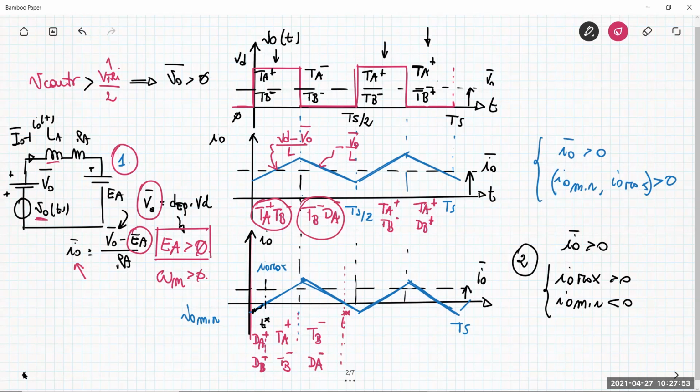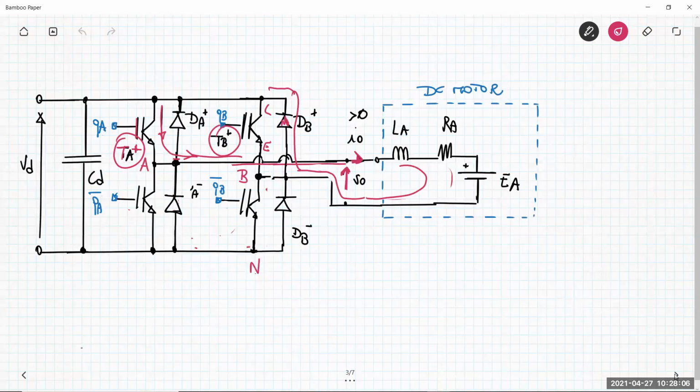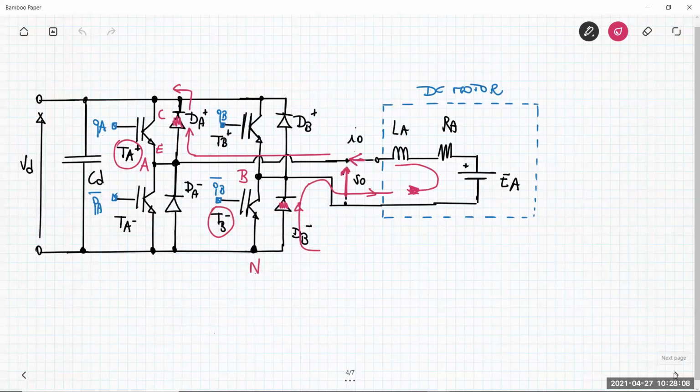Now we have a different situation from T star to TS divided by 2, because now TA minus and TB minus are on, but the current is negative. So let's see what happens here.